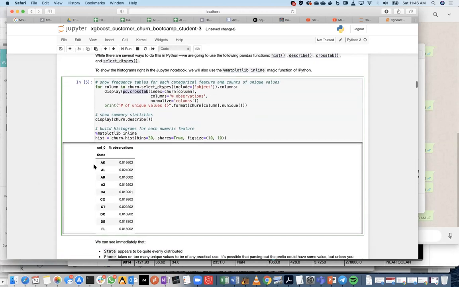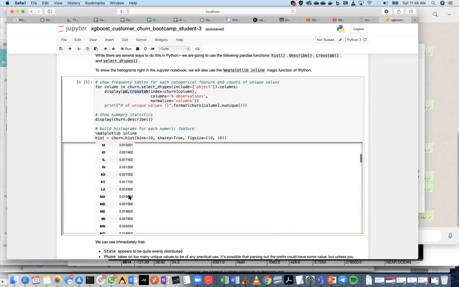You can see here these are states, and this is the percentage of observations. I don't have to write this for every categorical variable. It's going to take all of them and give the number of unique values in the column.